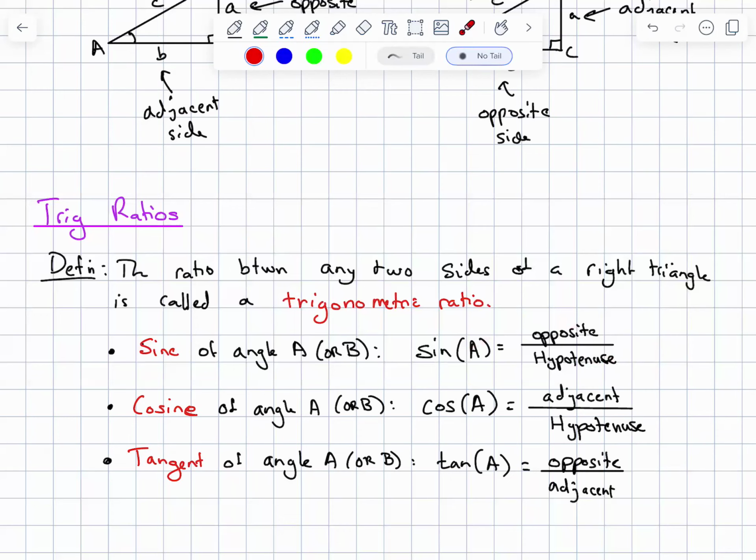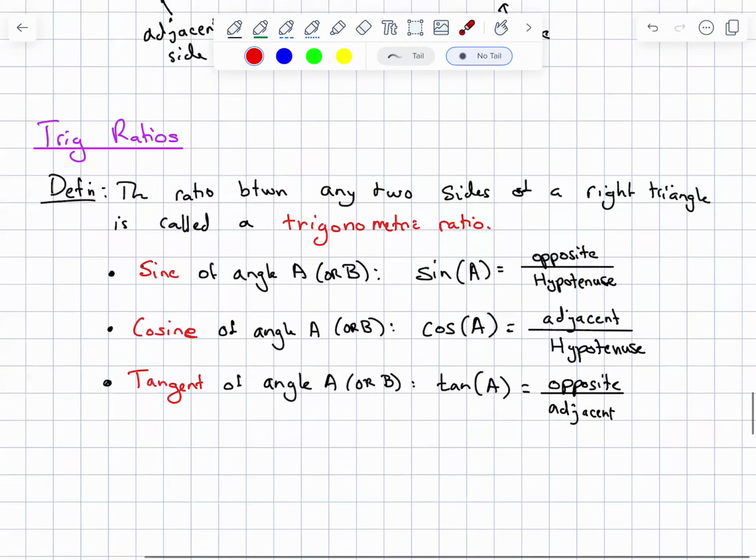There is secant, which is hypotenuse over adjacent, so it just flips cosine. And then there is cotangent, which just flips tangent. So instead of opposite over adjacent, it's adjacent over opposite. However, those ones are more useful for Math 127, which is pre-calculus 2, trigonometry. We're going to study just the pure basics here. But there are other ones.